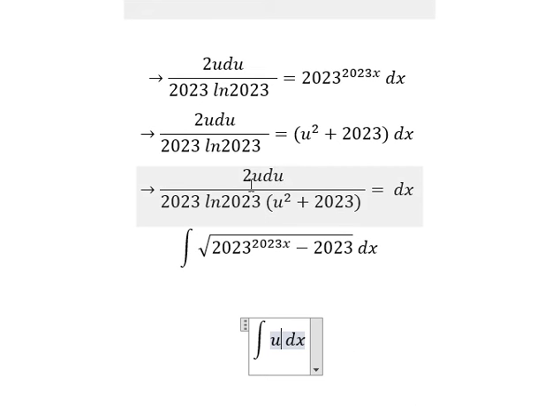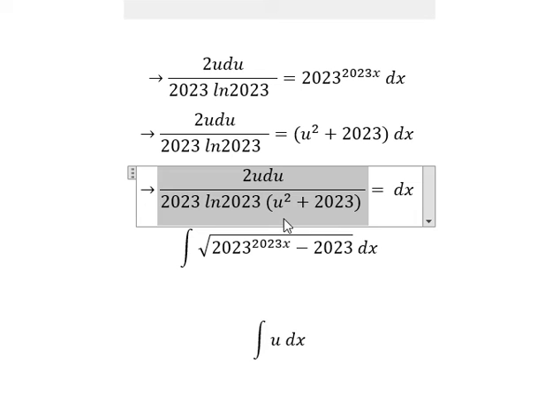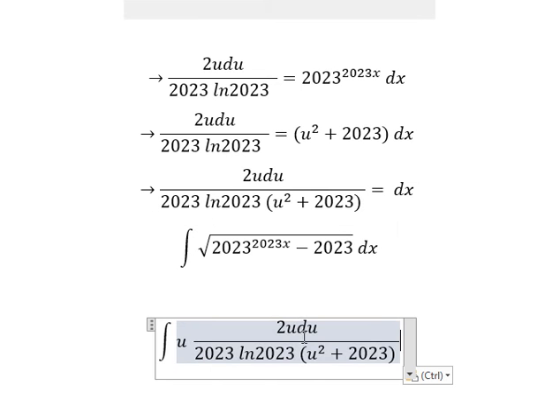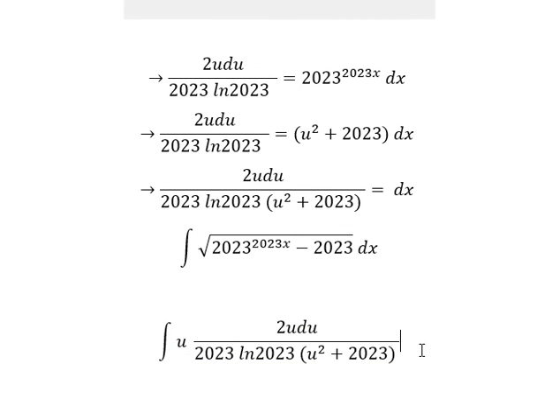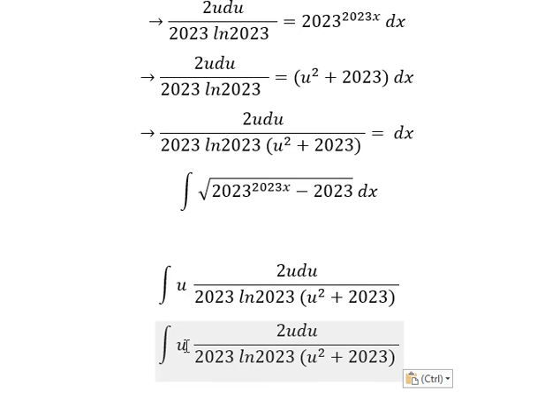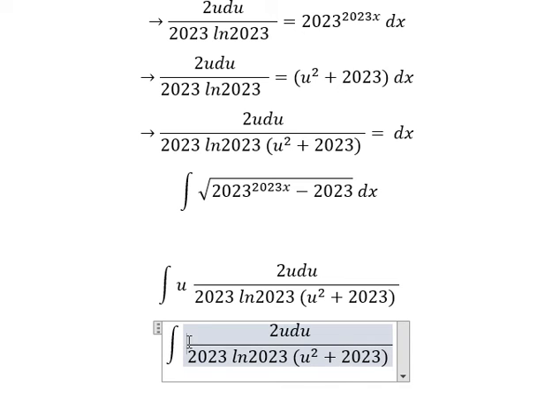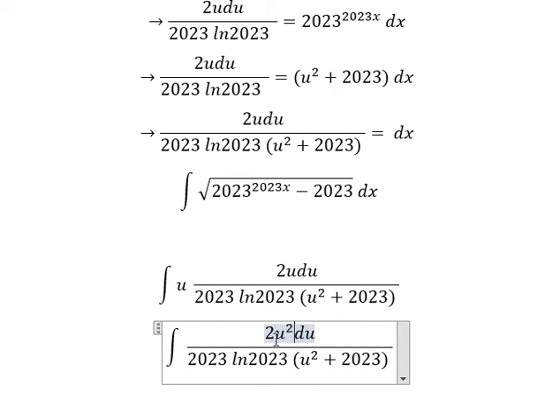The x we change by this one. So u and u, we have u squared. So number 2 and 2023, ln 2023, we put outside.